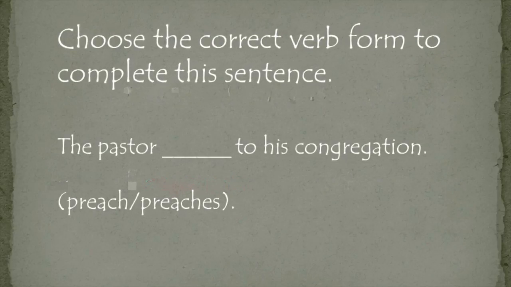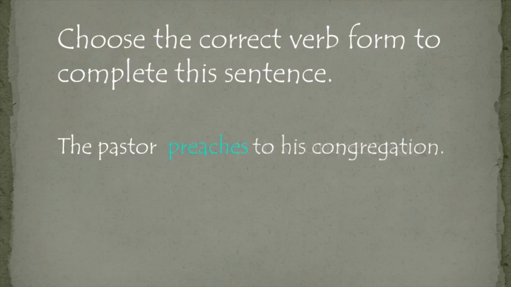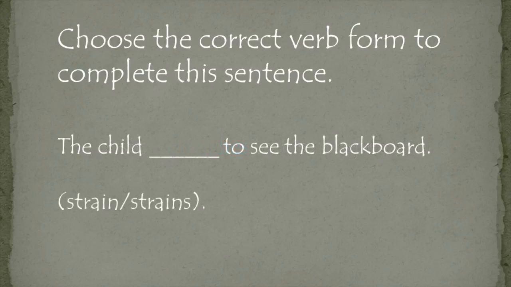Now choose the correct verb form to complete this sentence. Your two choices are between the parentheses. The pastor blank to his congregation. The pastor preaches to his congregation. The child blank to see the blackboard.